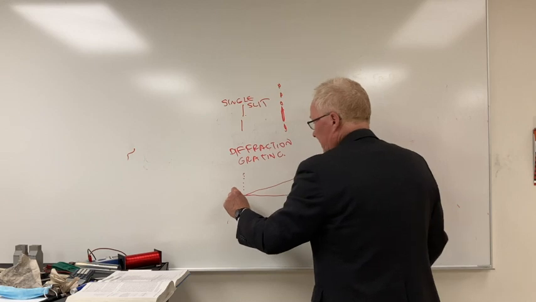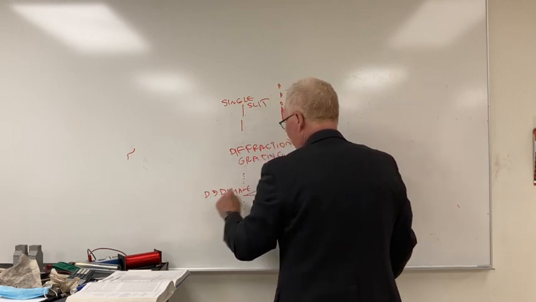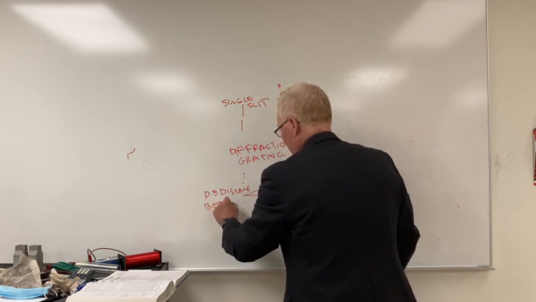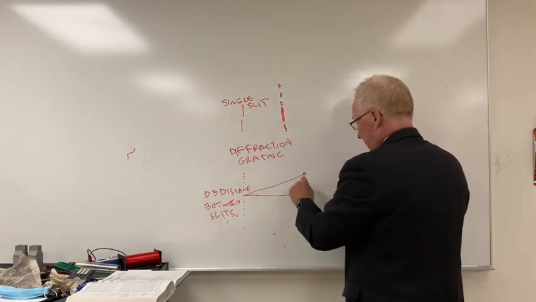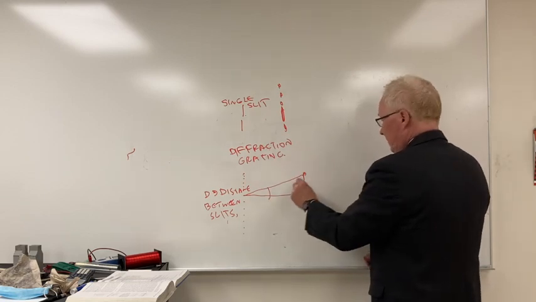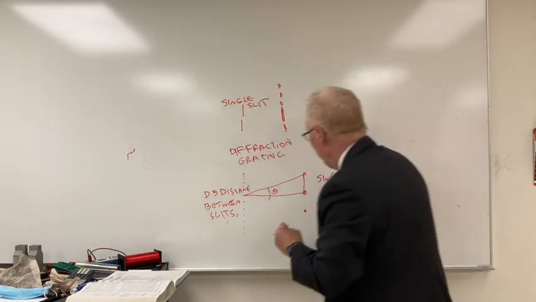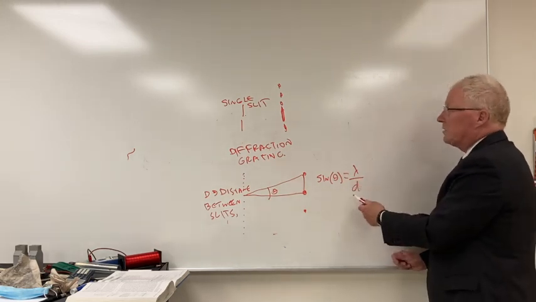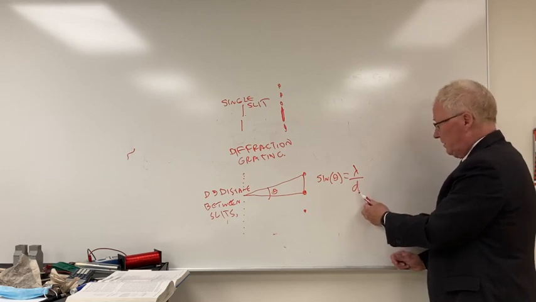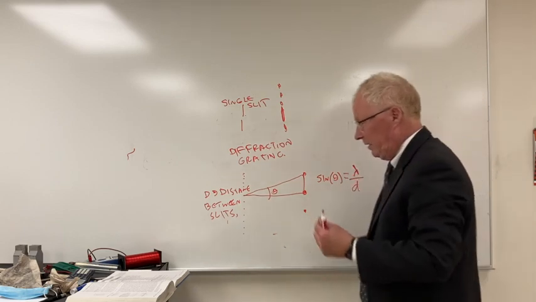If the distance D is the distance between slits, then this angle is such that sine theta is equal to lambda over D. So if you know D, which is the distance between the slits, and we can measure the angle, we can find the wavelength of that light.